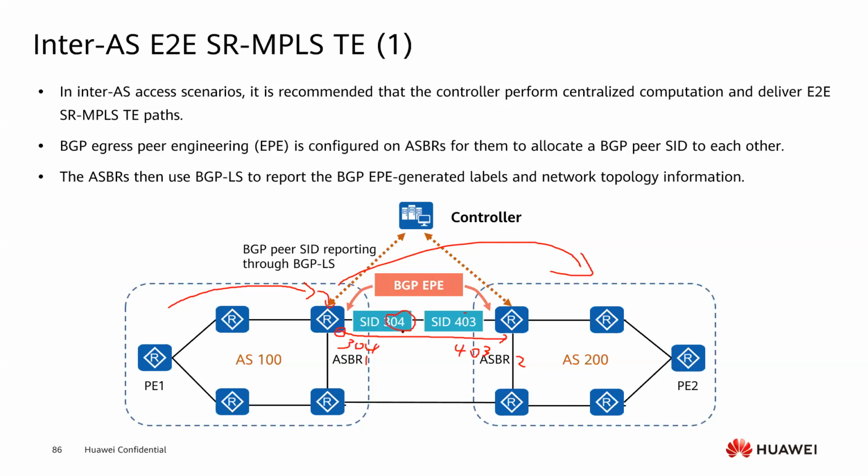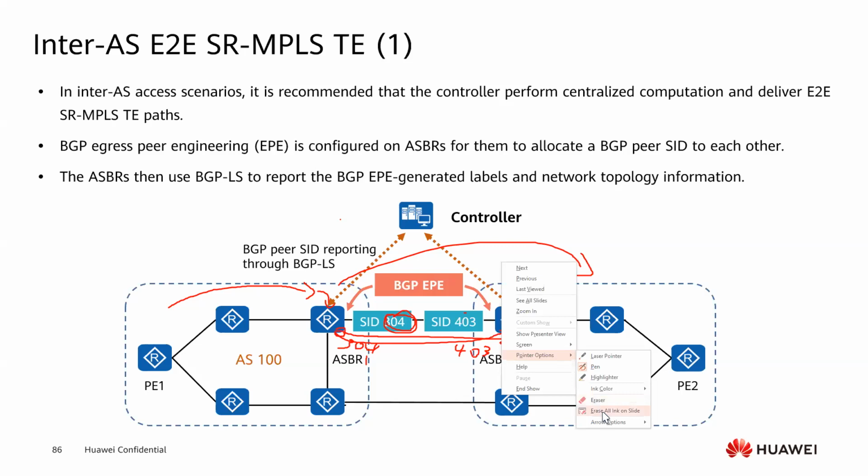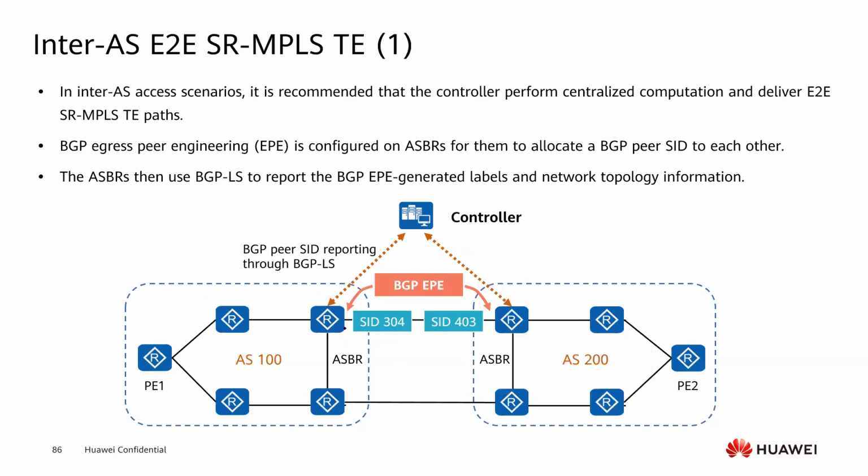So when the ASBR receives SID 304, it knows that it should send the traffic to ASBR2. So this is EPE. Basically, EPE means I assign the SID based on the BGP peer. For this BGP peer, I will use 304. For another EPE peer, I will use, for example, 305. So they assign the SID based on the BGP peer. This is what BGP EPE is used for.